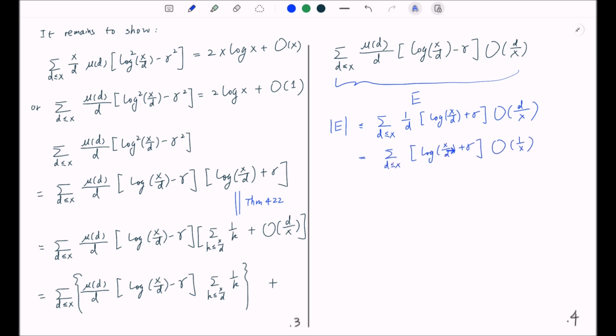And when you sum up this part, for d less equal to x, what do you get? Again, by using theorem 423, you get big O of x. This is from the section an important sum. And eventually you get big O of 1. So this E is bounded by a constant.